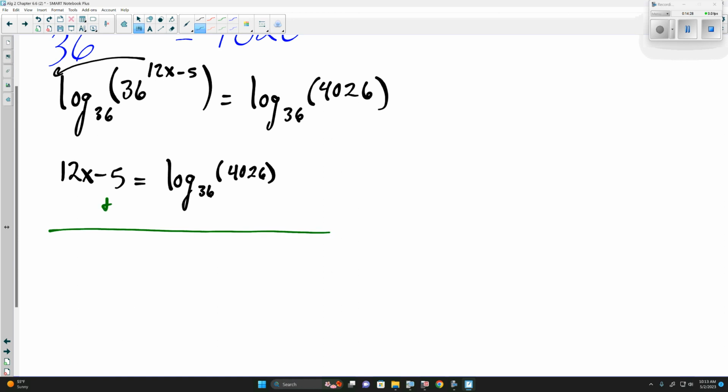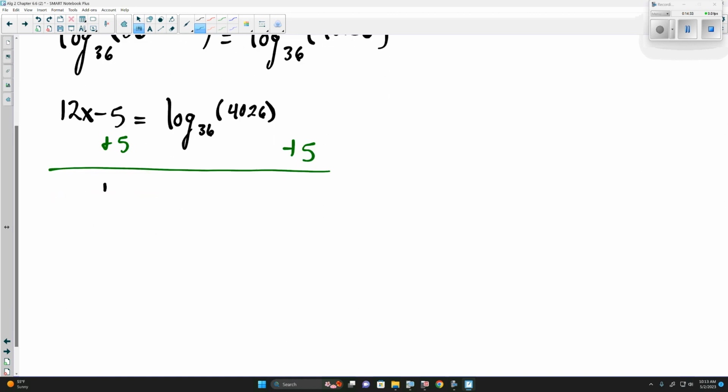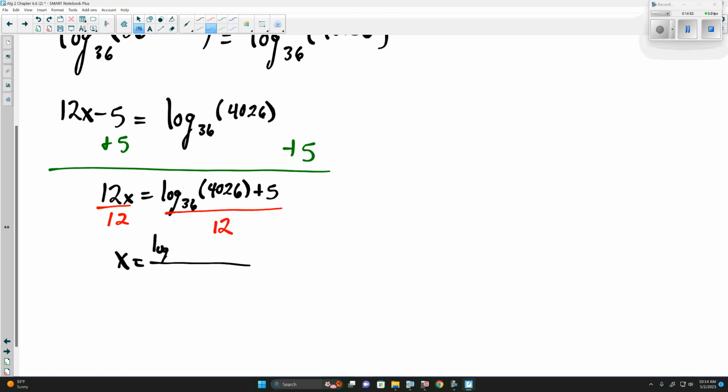Now at this point here, we can add 5 to both sides, telling us that 12x is equal to log base 36 of 4026 plus 5. And last but not least, we can divide both sides by 12, telling us x is equal to (log base 36 of 4026 plus 5) all over 12. And at this point here, we can plug it into the calculator and get our answer.